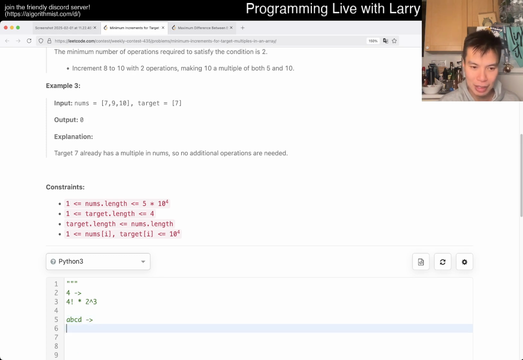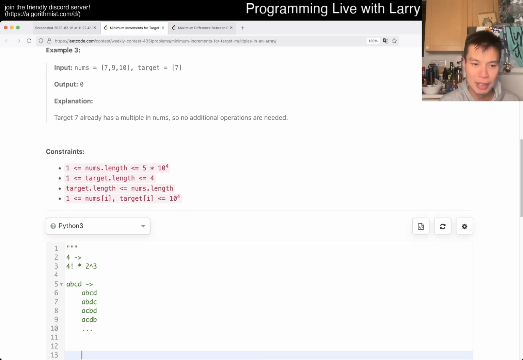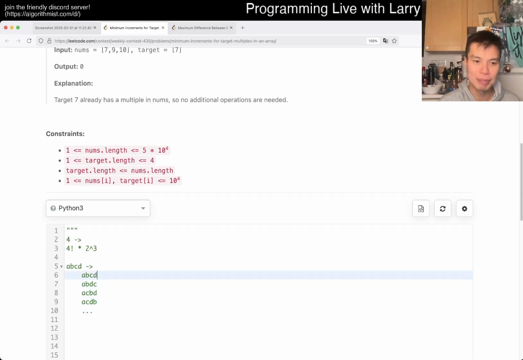So, like ABCD, ABDC, ACBD, ACDB, and so on. So 4 factorial, right? And then for each of these, we have 2 to the 3 spaces. So for ABCD, you have 3 spaces where you can put in the delimiters.